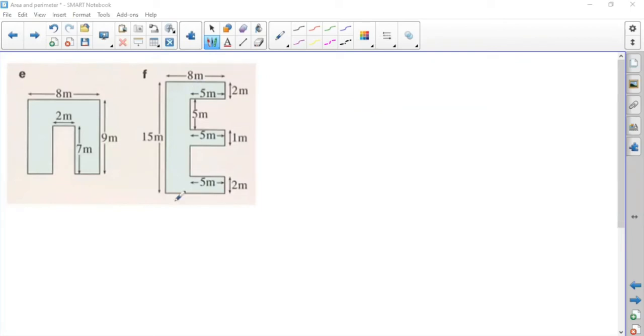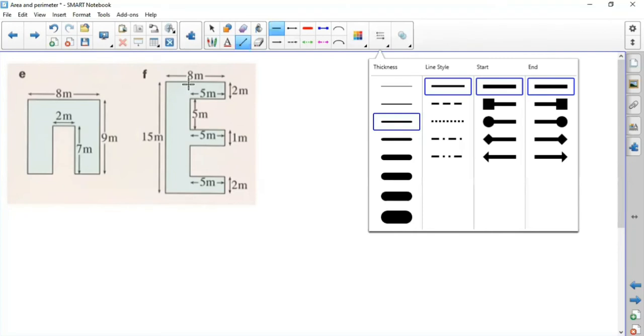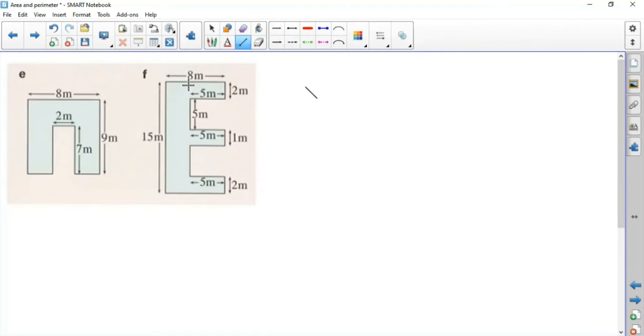Okay, Eralba. At F I have an E later. So let's divide it into some rectangles. Do you want me to divide like this? If you want, you can divide even horizontally.